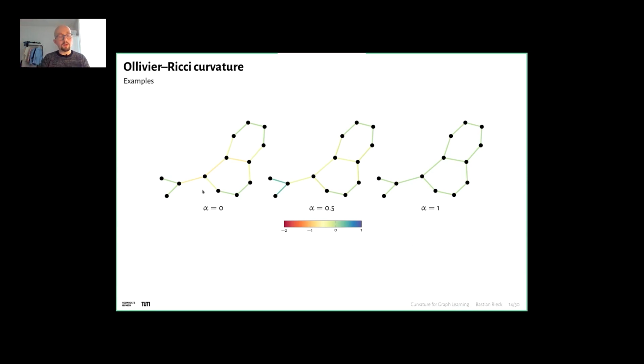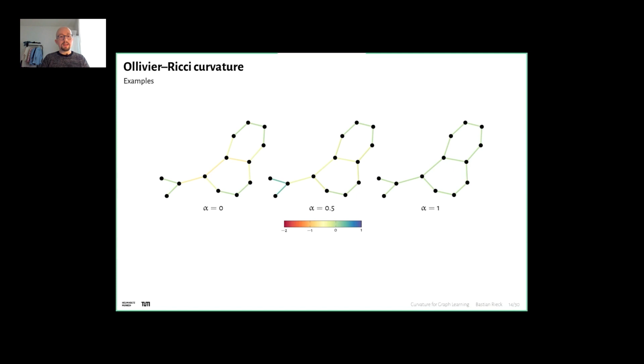Whereas with lower values of alpha, we see some negative curvature values in the graph. If you remember the colors from the other Forman-Ricci curvature dataset, the differences are a little bit more subtle here. Nevertheless, this tells you that you have some kind of lens through which to view your graph in various ways.